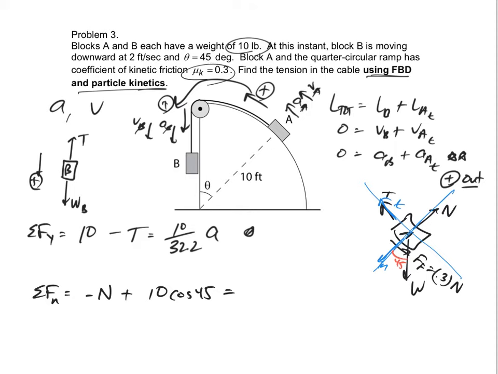It is accelerating at mass times acceleration. So normal acceleration is v squared over rho. And it told me already that the velocity at this instant was 2. So square that over rho. My units work out if everything's in feet. Everything's in feet per second. Everything's in pounds. That 32.2 is feet per second squared. So that does work out. So from there, I would get an N of 6.95 pounds.